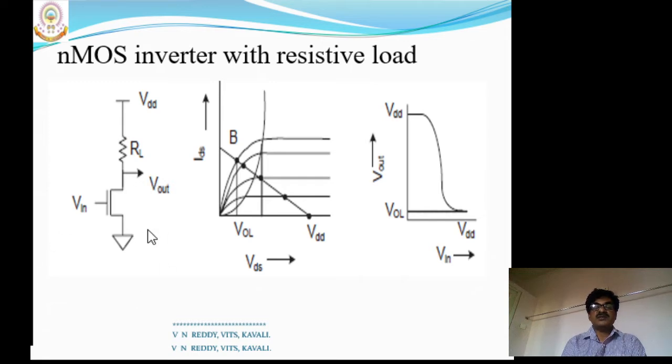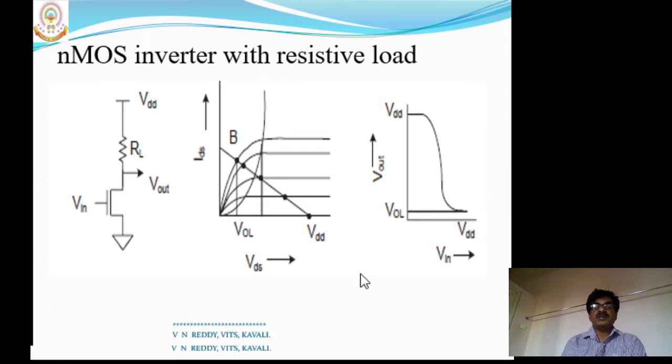How much is the short circuited voltage? It is almost 0. So a very low voltage we are getting and it is considered as logic 0. So here also the output is the complement of the input. Therefore this circuit works as an inverter.